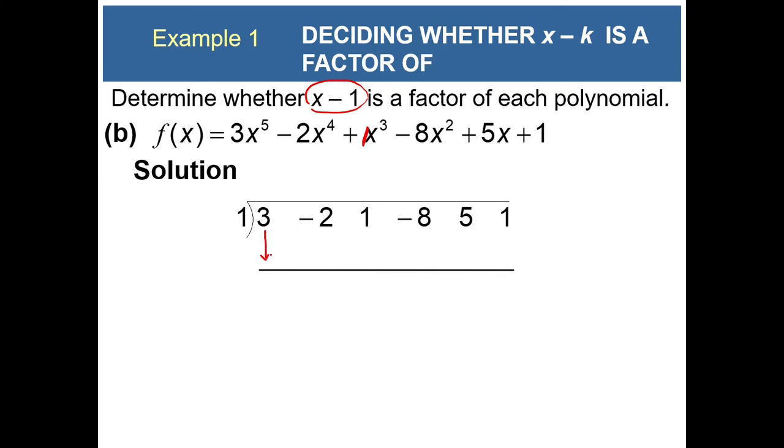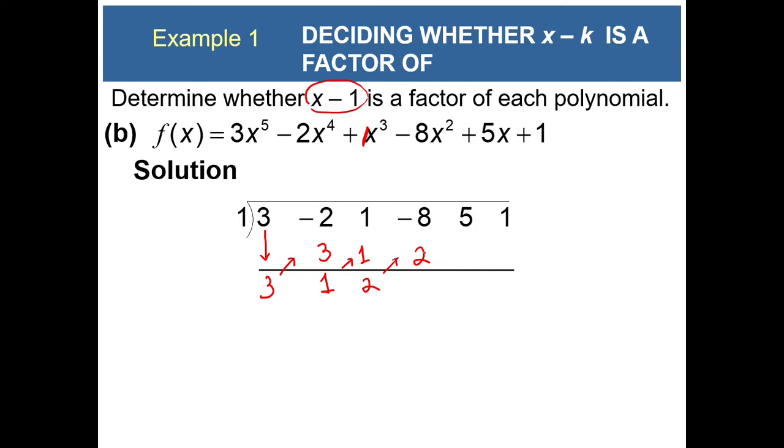First, drop down the 3. Multiply 1 times 3, we get a 3. Negative 2 plus 3 is 1. Then we'll multiply 1 times 1, and that is 1. 1 plus 1 gives us 2. 1 times 2 gives us 2.